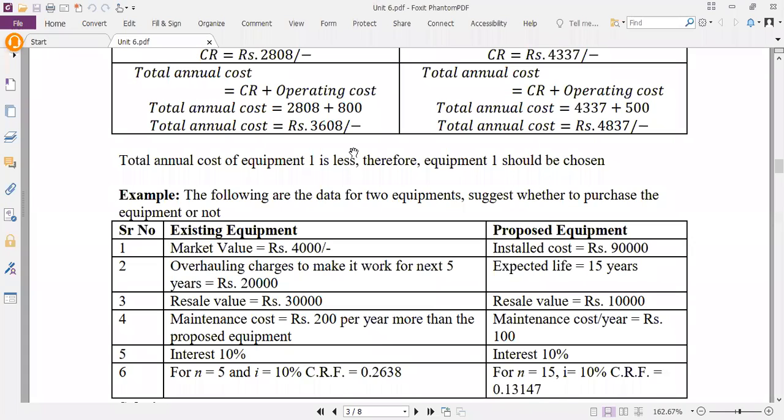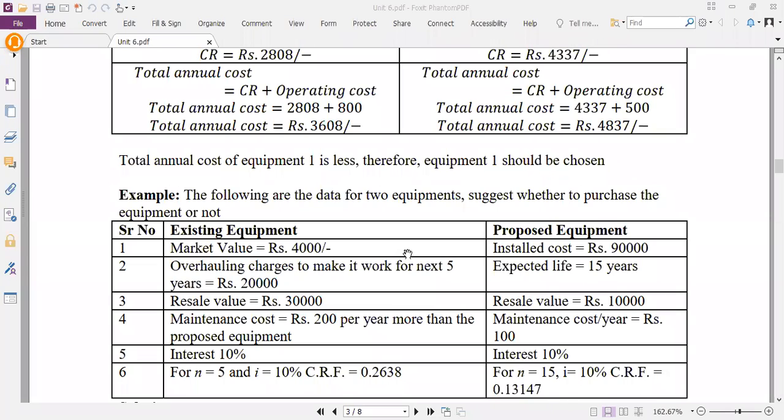For the proposed equipment, the installation cost is 90,000 rupees. Overhauling charges to make it work for the next 5 years are 20,000 rupees, meaning you have to go for maintenance and proper oiling and other things.